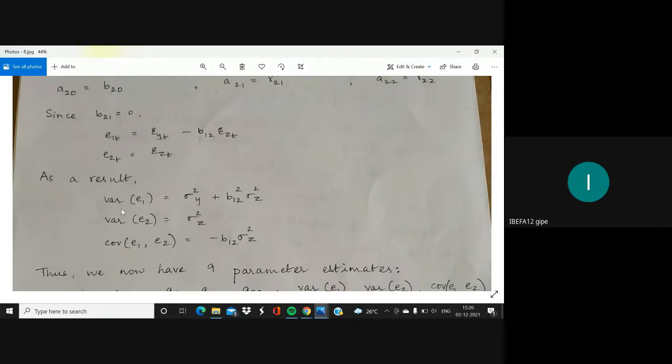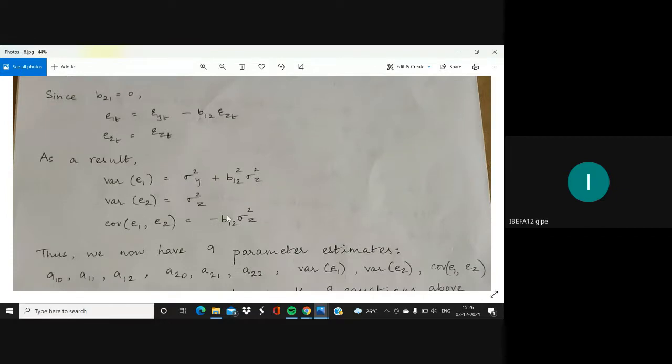As a result, variance E1 is equal to this, variance E2 is equal to this. They're again constant because of certain assumptions that we made. And covariance E1 and E2 are equal to this now. You can try and derive this or check this later for yourself.